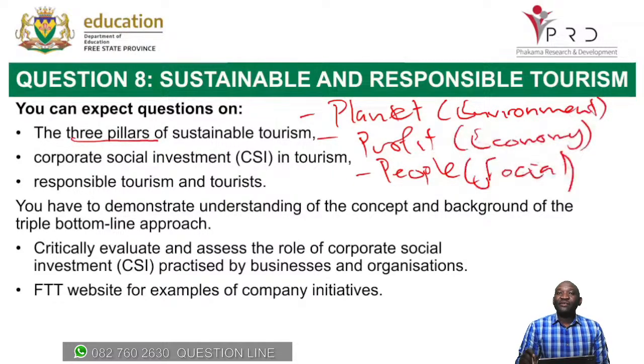So we're saying that tourism shouldn't be only about the bottom line, but it should also look at the welfare of the environment as well as the people living in that particular place. In this topic, you also look at scenarios whereby there's corporate social investment, whereby companies making money from that area ask what they are giving back to that area.